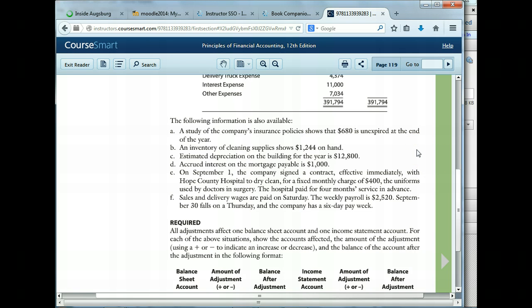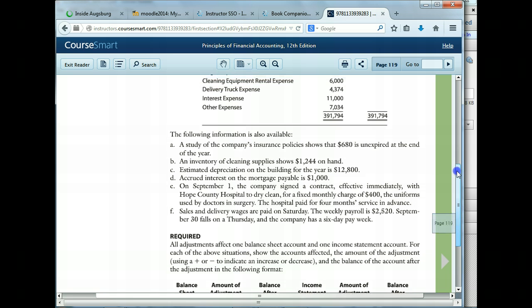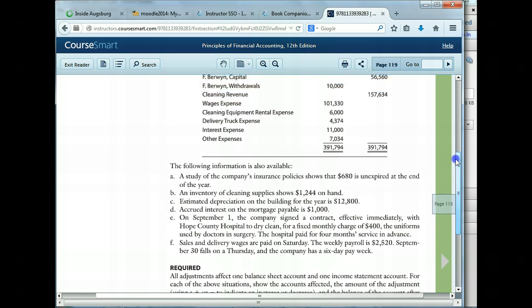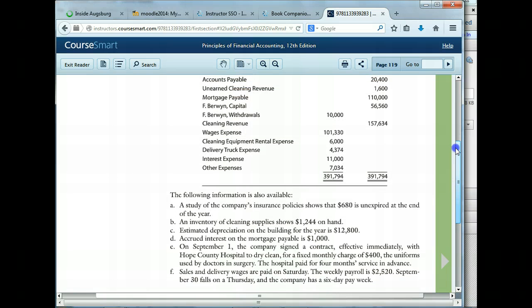It says that a study of the company's insurance policies shows that $680 is unexpired at the end of the year. So the insurance policies should now show $680 as unexpired or prepaid insurance.